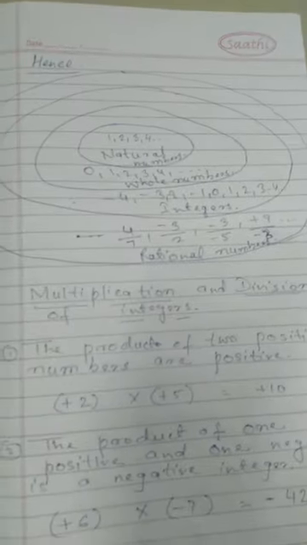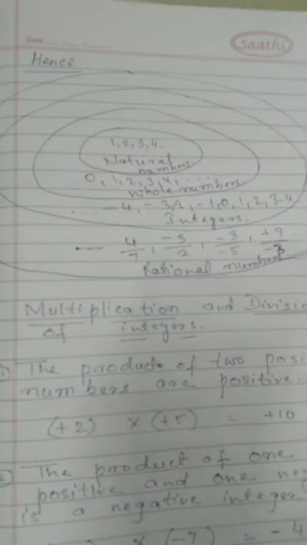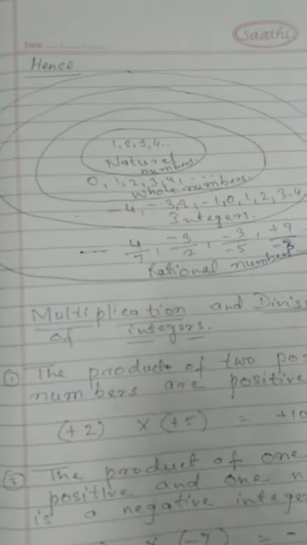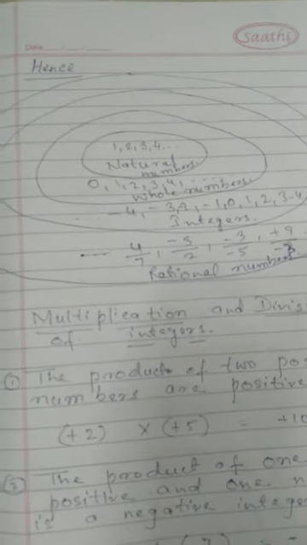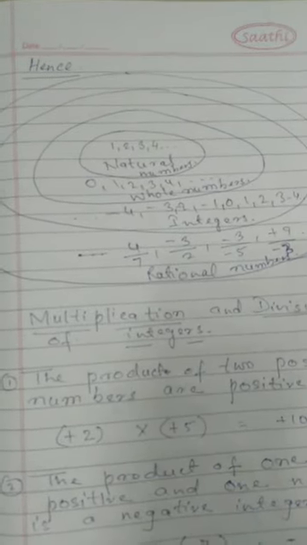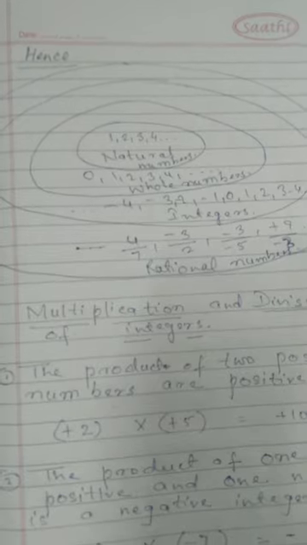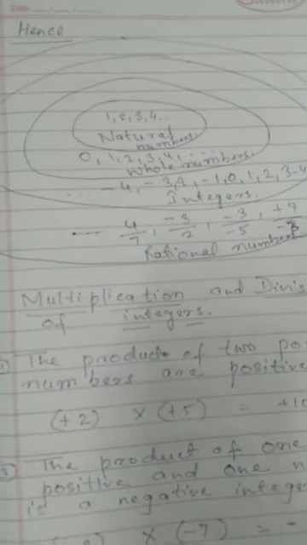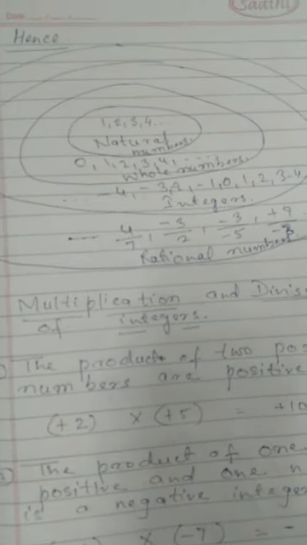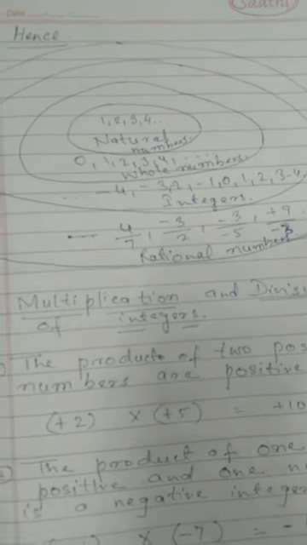Multiplication and division of integers. We know how to do addition, subtraction, multiplication and division of natural and whole numbers. Now we have to study multiplication, division, addition and subtraction of integers also.